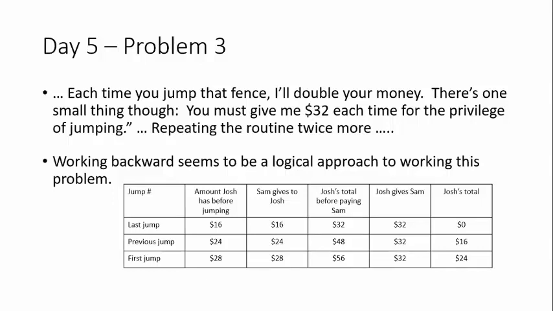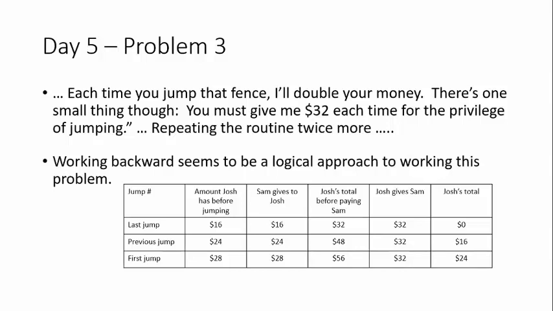Let's go to the previous jump. So after Josh made his payment, he had $16. He had given Sam $32. So before that, he had $48. Okay, remember, this is double the amount that he had because Sam gives Josh enough money to double his amount.